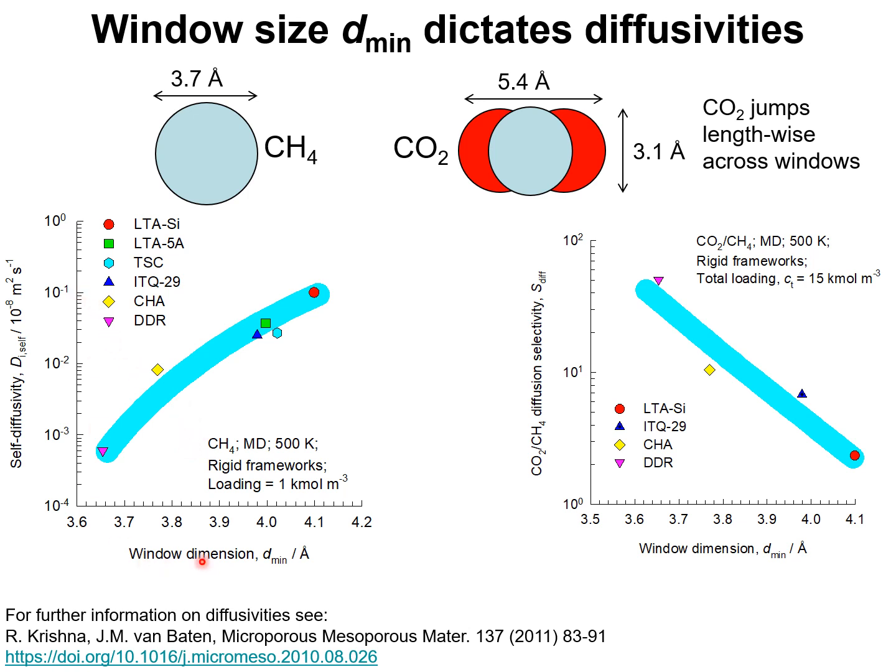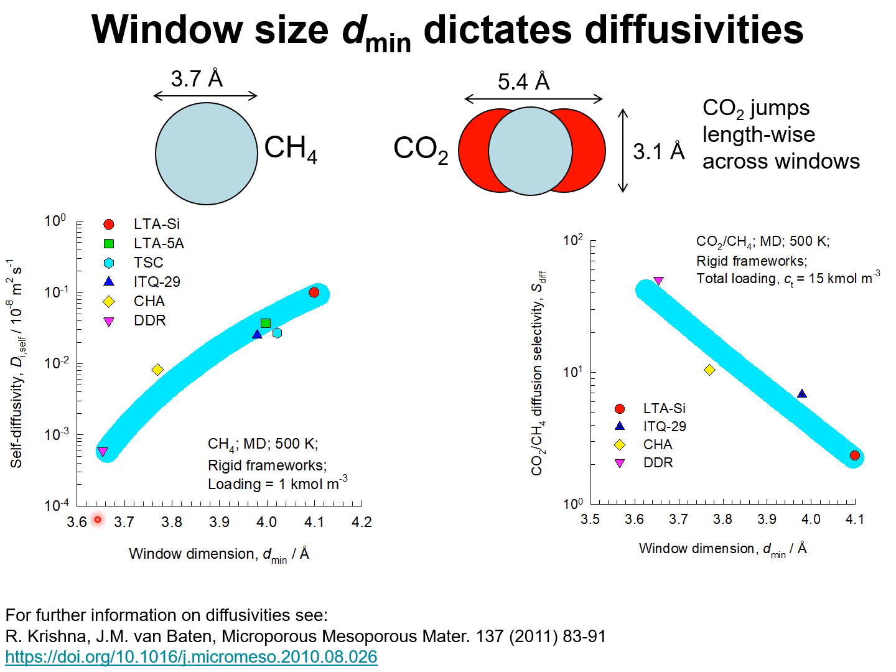I plot the diffusivity as a function of the minimum aperture size of the windows. We see that as the minimum aperture size decreases from 4.1 angstrom to 3.65, this point corresponds to DDR zeolite, the diffusivity decreases by 2 orders of magnitude and a little bit more than that.